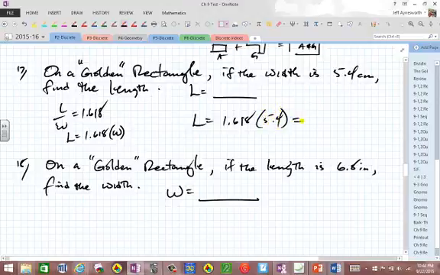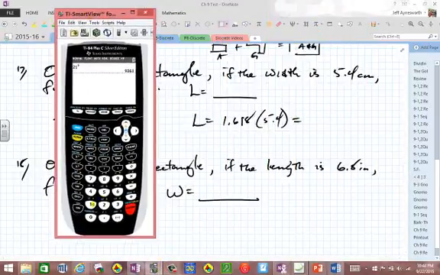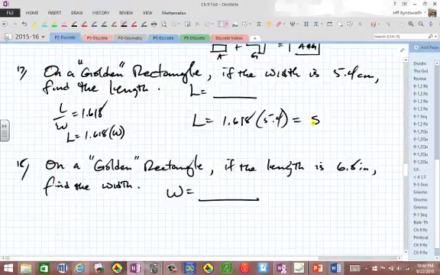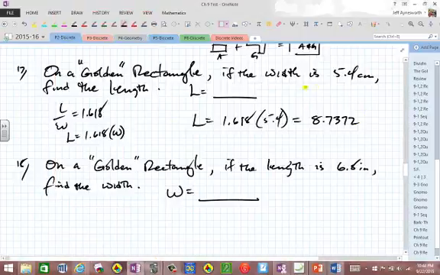It's a calculator problem. Okay, let's do it. 1.618 times 5.4. All right, 8.7372. Let me check. Oh yeah. Centimeters. It's longer than the width.